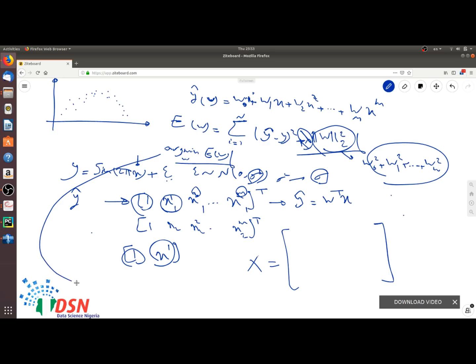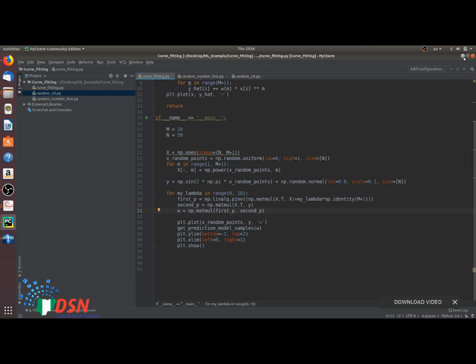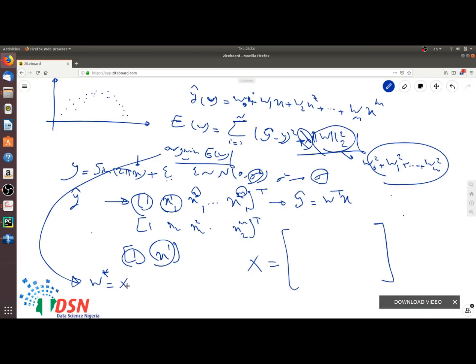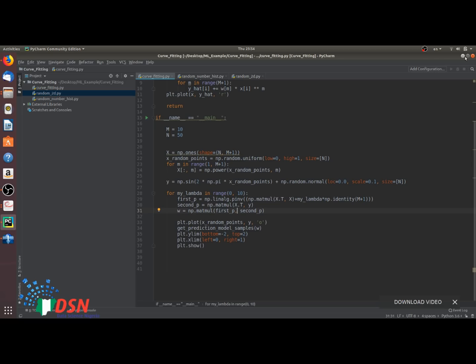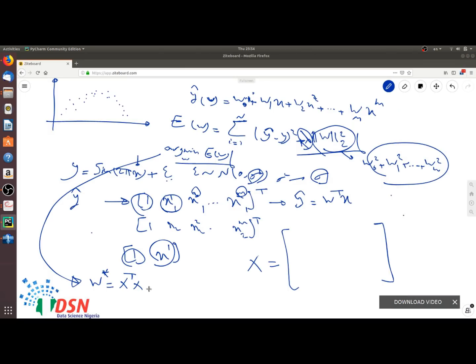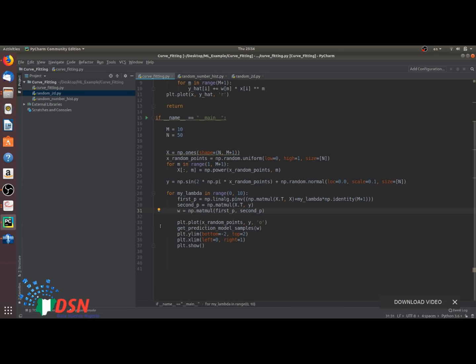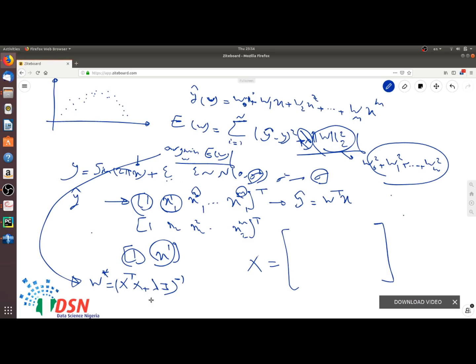The solution for this, let me show it with W star, is equal to (X transpose X plus lambda I) to the power of minus 1 times X transpose y. So this is the optimal solution for this.